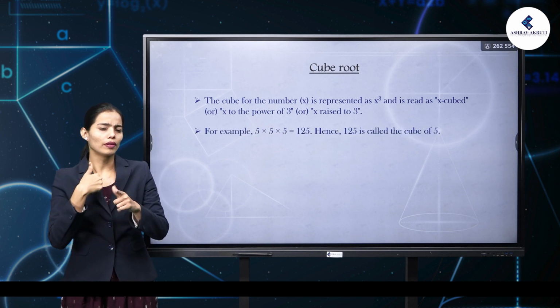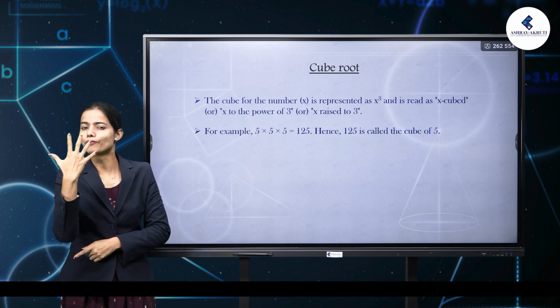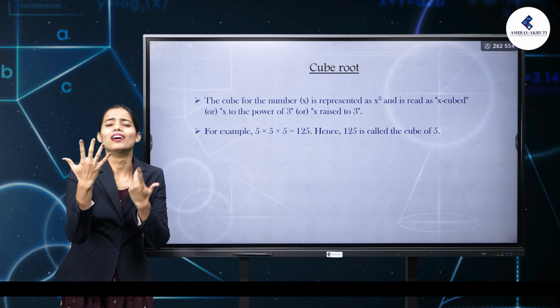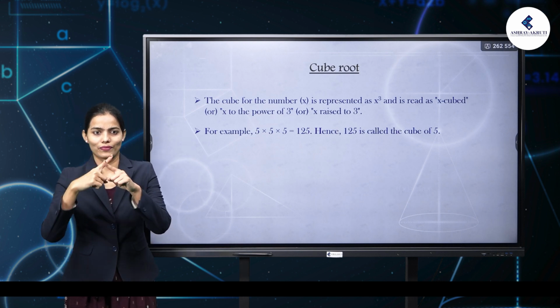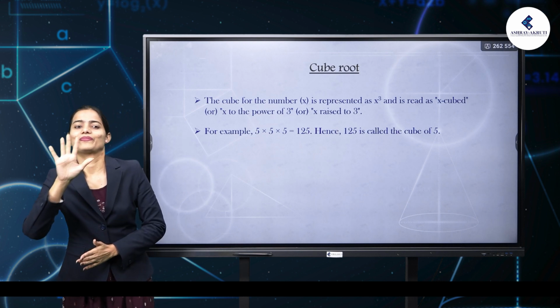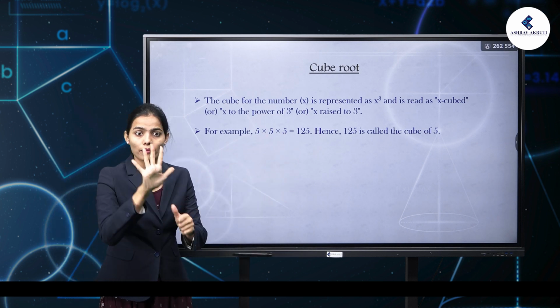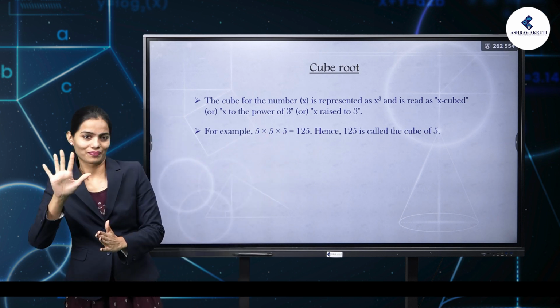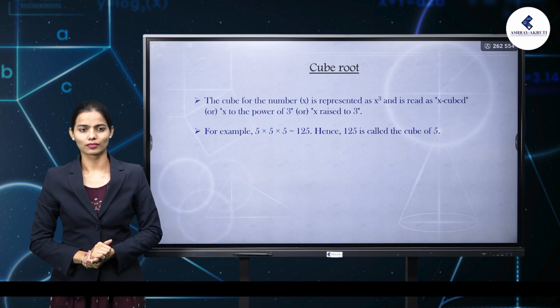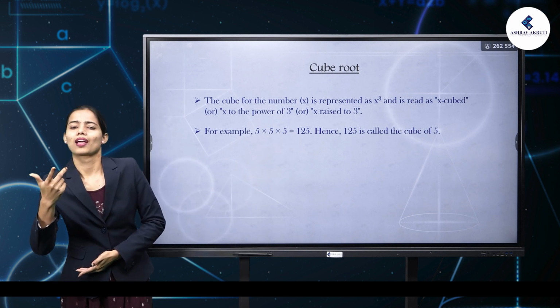For example, let's take the number 5. We know that 5 into 5 into 5 is equal to 125. Hence, 125 is called the cube of 5.